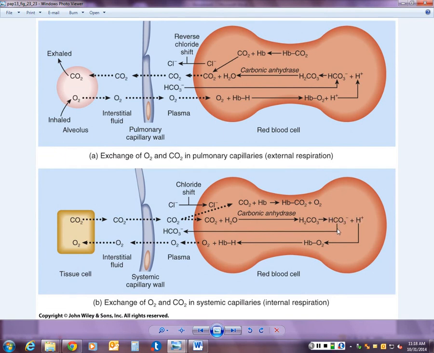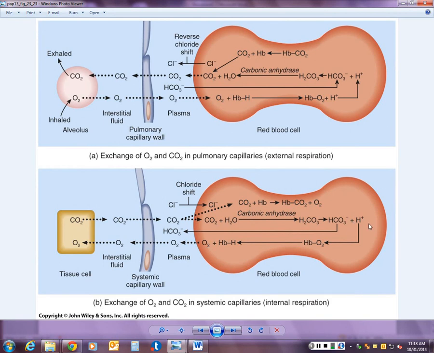The bicarbonate obviously doesn't stay within the red blood cell, so the red blood cell has to pump it out into the plasma. Once again, we see an exchange process play out. One negatively charged bicarbonate ion into the plasma, one negatively charged chloride into the red blood cell. This is called the chloride shift, and it plays out during internal respiration. Once again, this is all to maintain electrical neutrality.